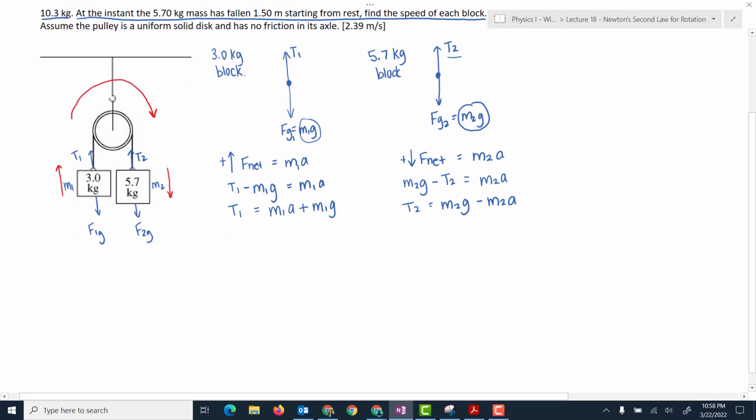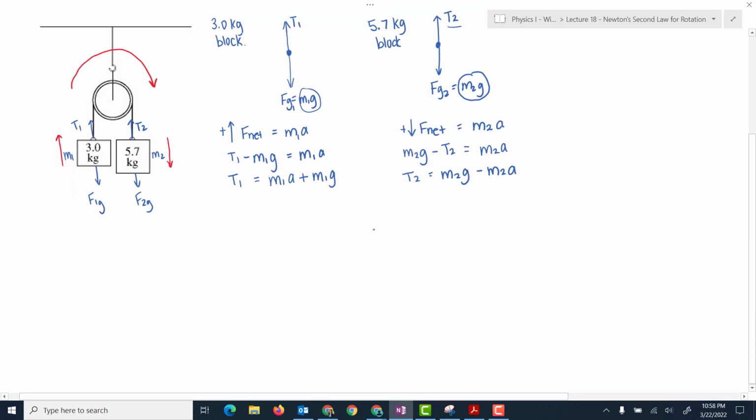The next thing we do is draw the pulley. So this is what my pulley looks like, and we're going to draw the forces acting on the pulley. On the pulley I have a rope over here and a rope over here. These are tension forces, and tension forces always pull, so it's pulling down on the pulley.